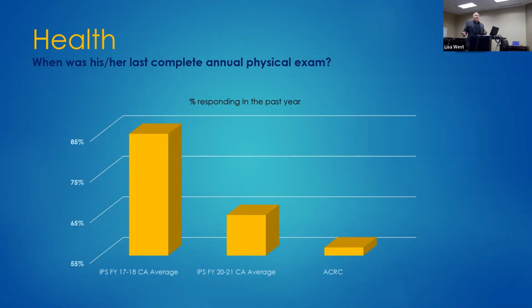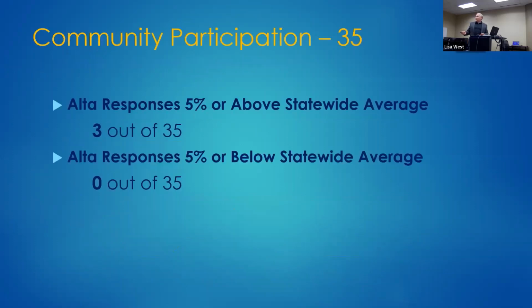So what we need to do in this area to ensure our clients are getting access to the medical resources they need is, I think, advocacy and education, training, encouragement, that people make an effort to see their doctor. Again, perhaps appointments were difficult to schedule during COVID. Many doctors got backlogged, closed their doors, and we don't know the comparison of the degree to which Alta's catchment area was impacted more so by COVID restrictions than others.